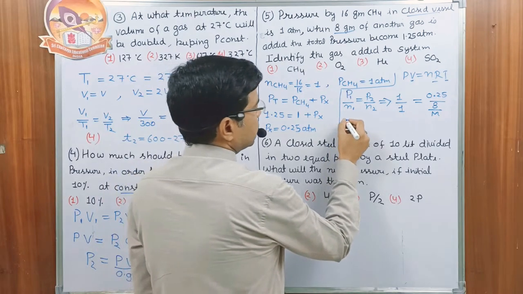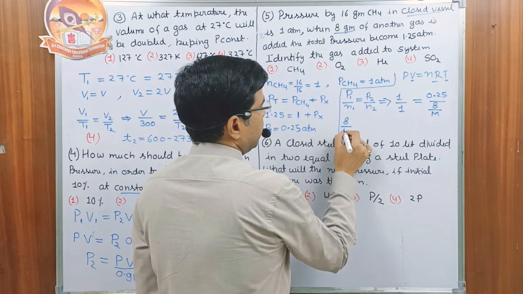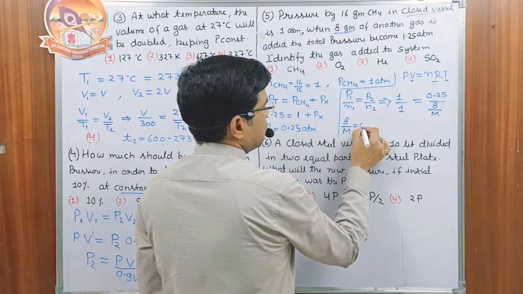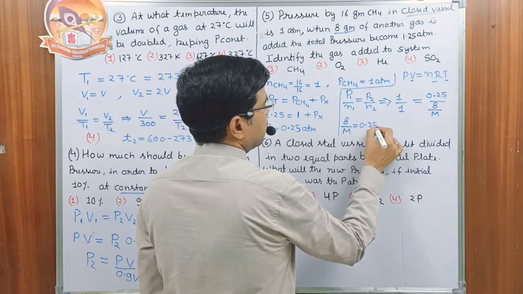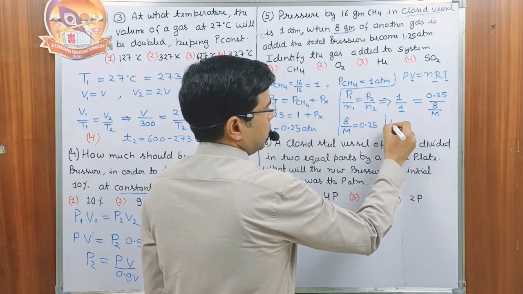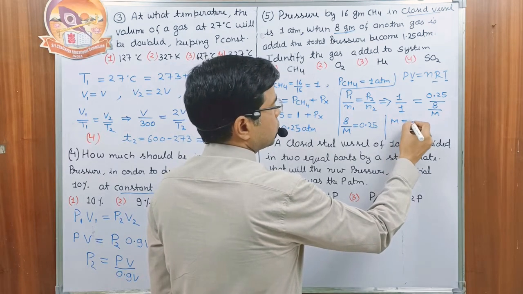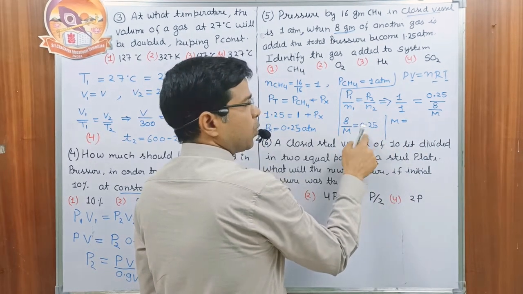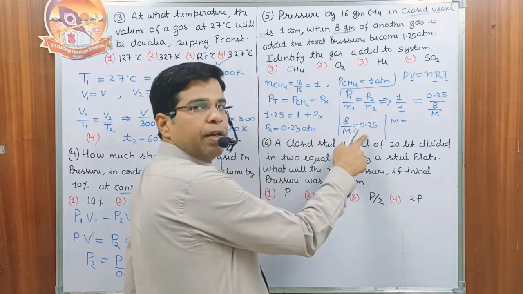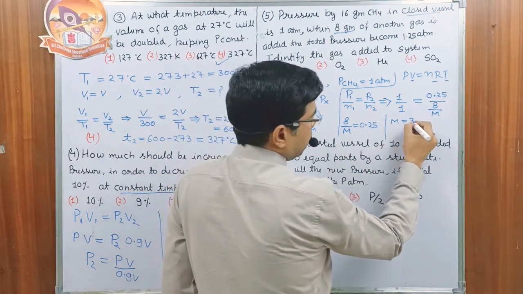Now we have 8 by M is equal to 0.25, so M is equal to 8 upon 0.25, which becomes 32 gram.